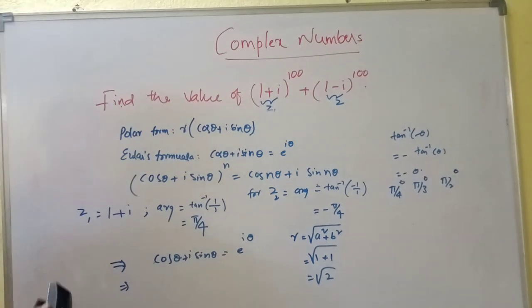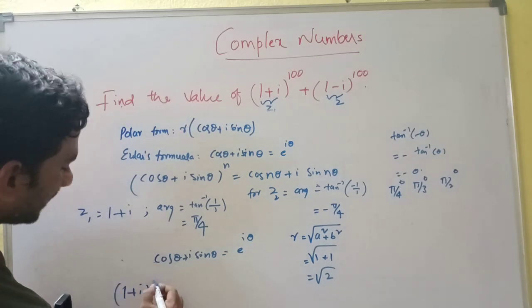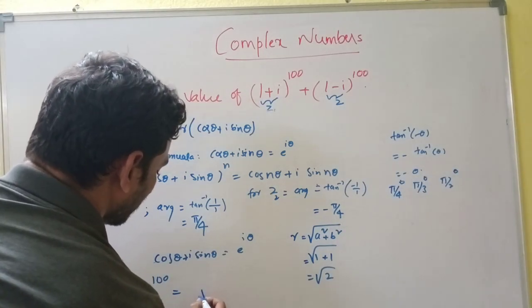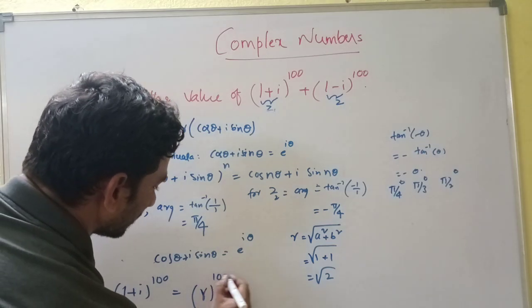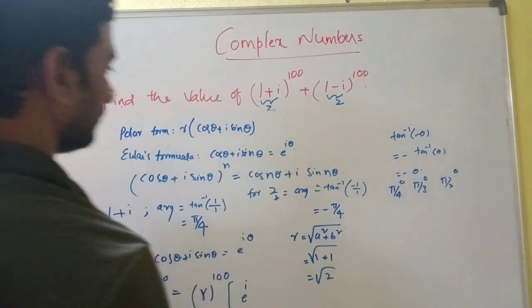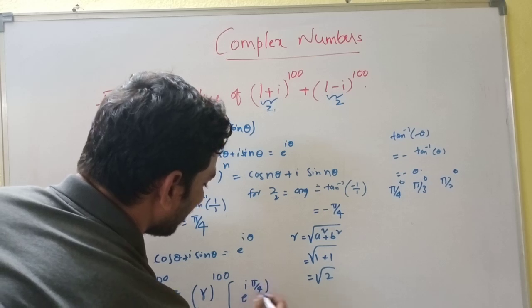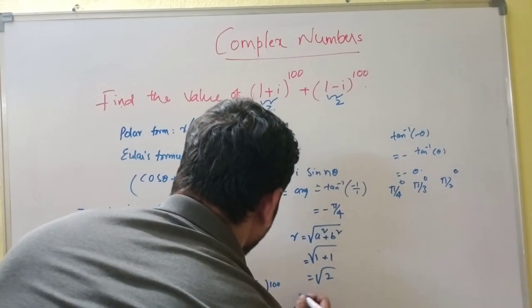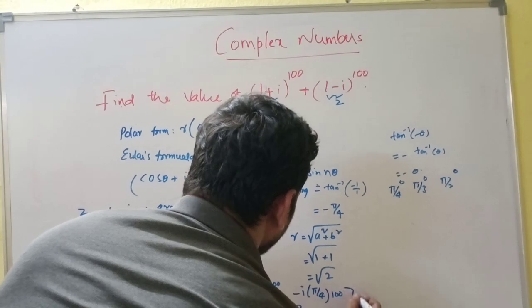So now 1 plus i power 100, how can we write this? It equals r power 100 into e power i into theta, which is pi by 4, into 100, plus e power minus i pi by 4 into 100.